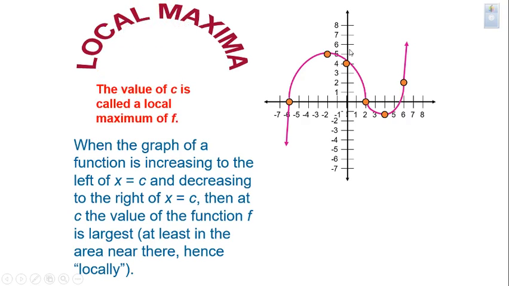It's the highest y value in that region, f of x equal to the highest point there. In this case, the maximum occurs at x equals -2 and the maximum value is 5. So the graph increases before that point and then decreases after that point.